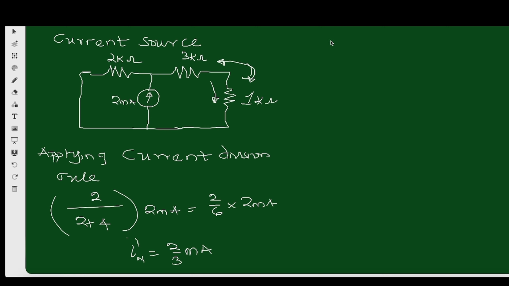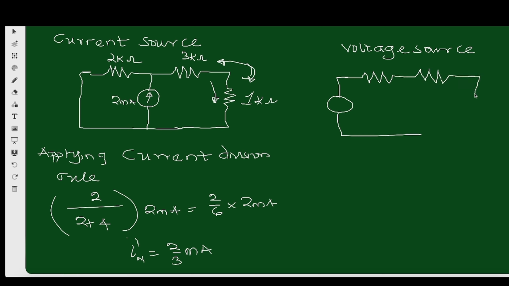So let's get the contribution from the voltage source, which means that we are going to open the current source. So we have the 4 volts here, 2 kilo ohms, 3 kilo ohms, 1 kilo ohm.